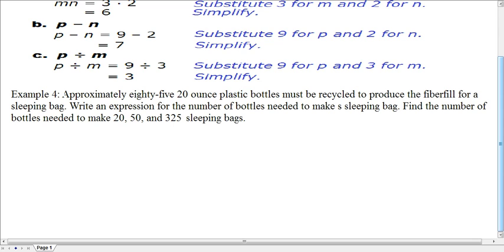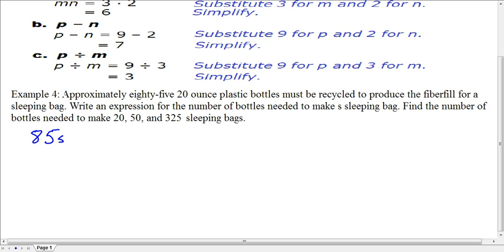Okay, so first thing we want to do is we want to think 85 times some number. So we can see that our actual expression will be 85s, that's the same as 85 times s.